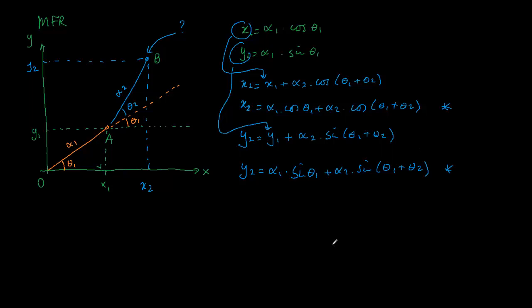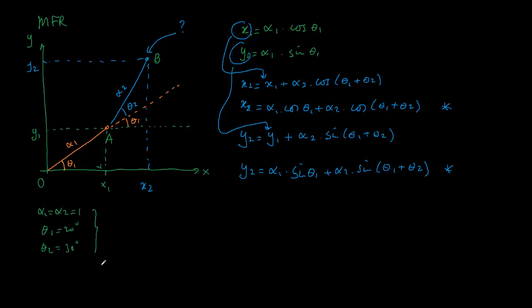Okay, now we need to do this in practice. Say alpha 1 and alpha 2 we make 1, and we say theta 1 equals 20 degrees and theta 2 equals 30 degrees. What would we get?